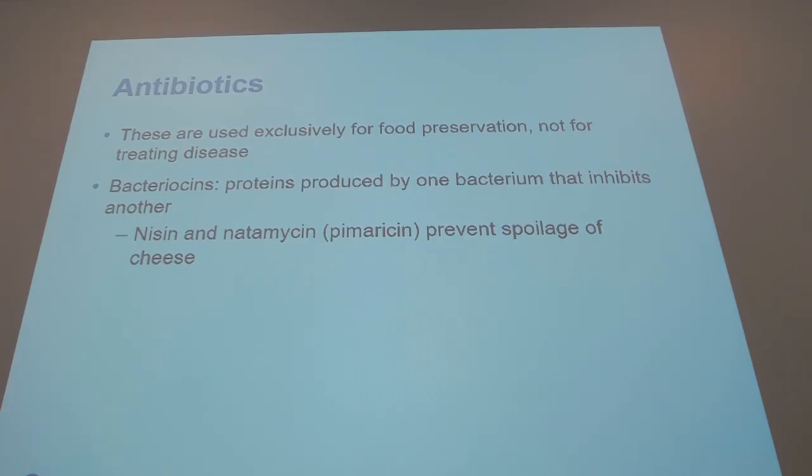Some antibiotics can be used as well for preserving foods. Examples would be nisin and natamycin, which can be used to prevent spoilage of food like cheese.